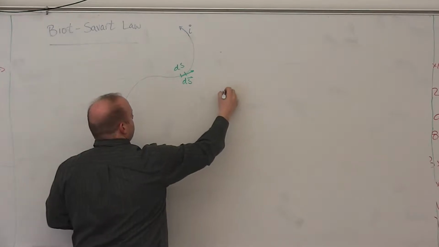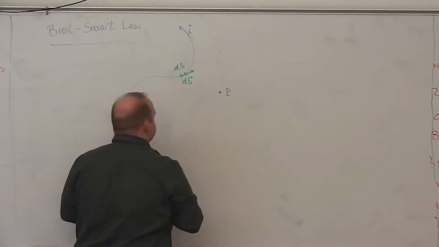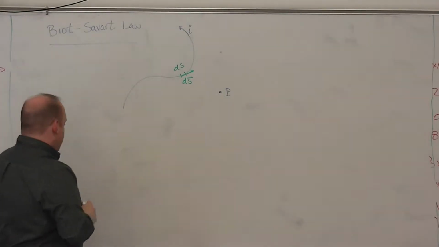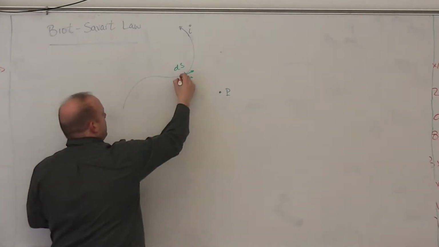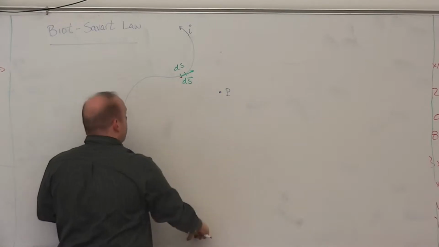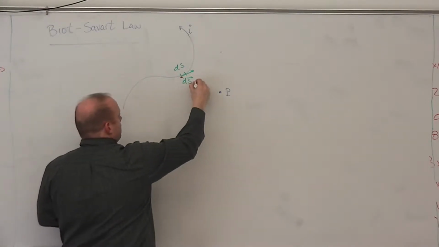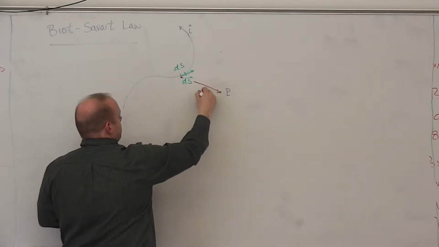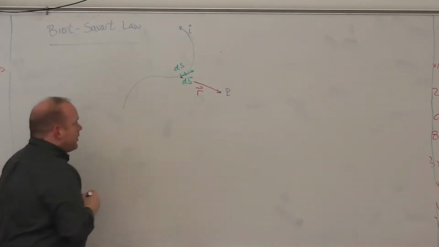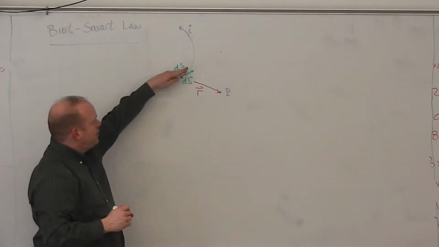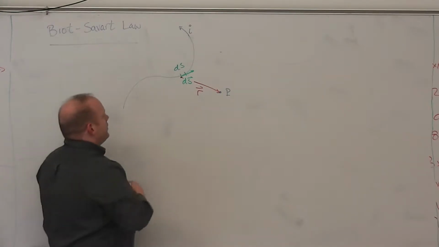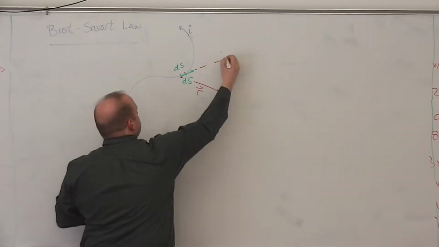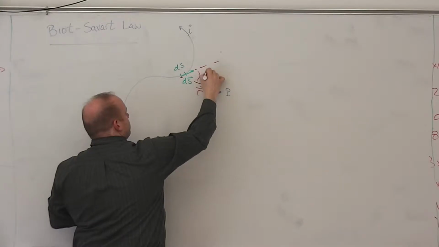I'm going to call that point P. So I've got ds from right here, and r in the red there. So I've got ds that goes like this, r that's going like that. If I just extend this out, there's an angle between them.